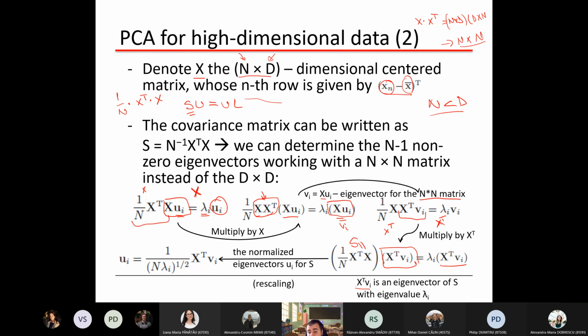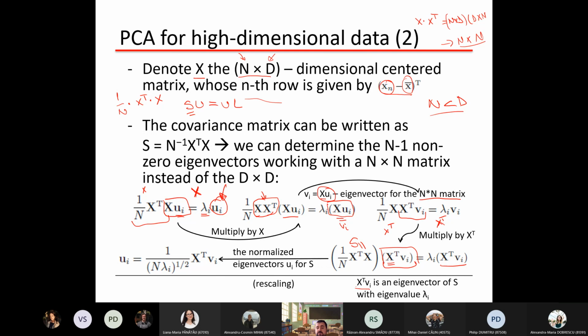We extract the eigenvalues from there. Having these eigenvalues, we can derive Vi as being the eigenvectors corresponding to the eigenvalues lambda i, and then we multiply by X transposed to the left in order to obtain the eigenvectors of the initial covariance matrix S, because the lambda i are the same.